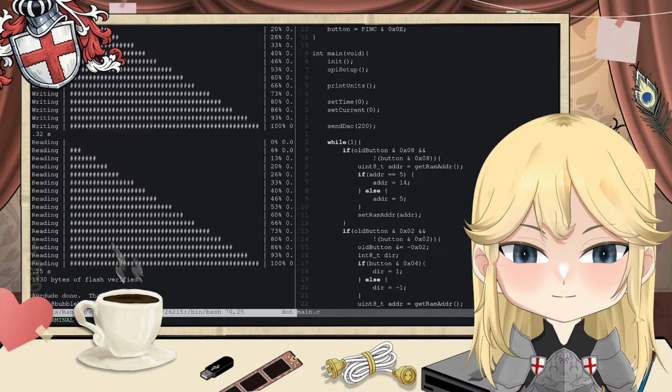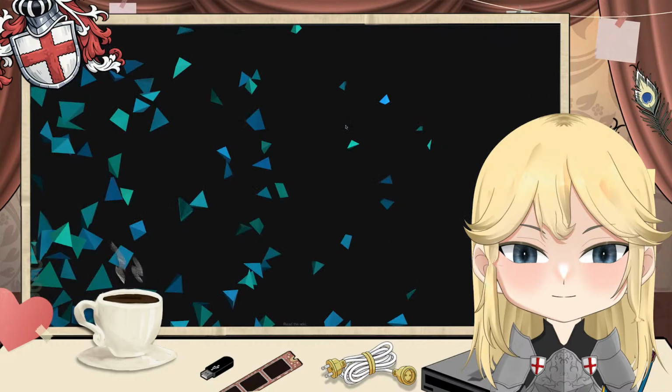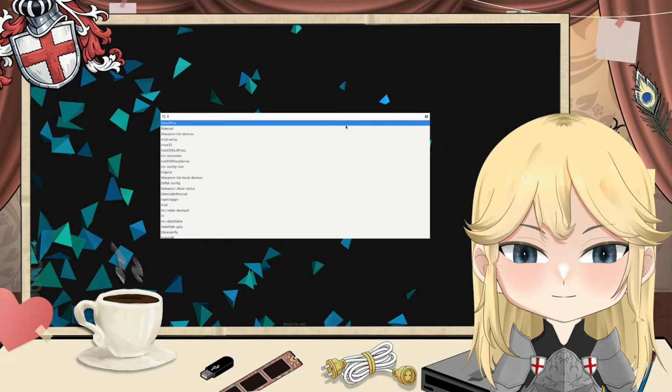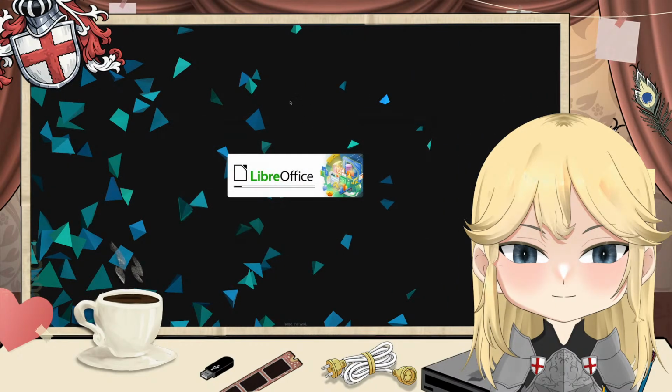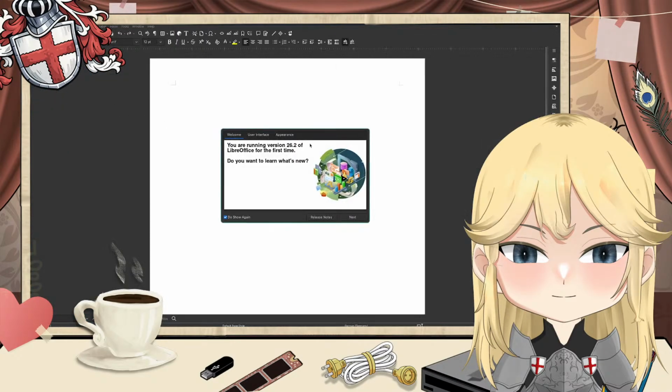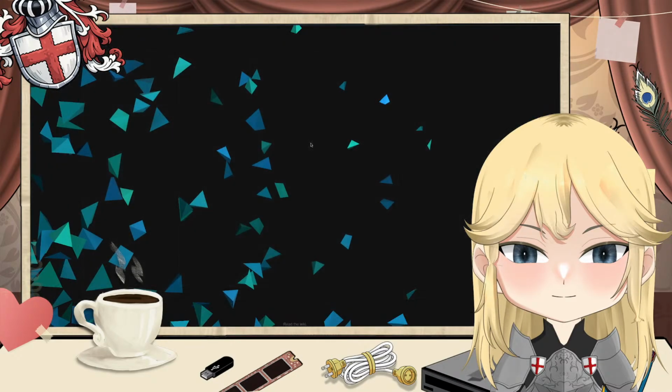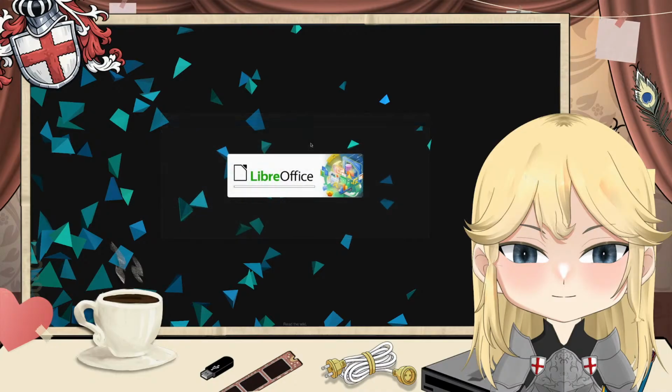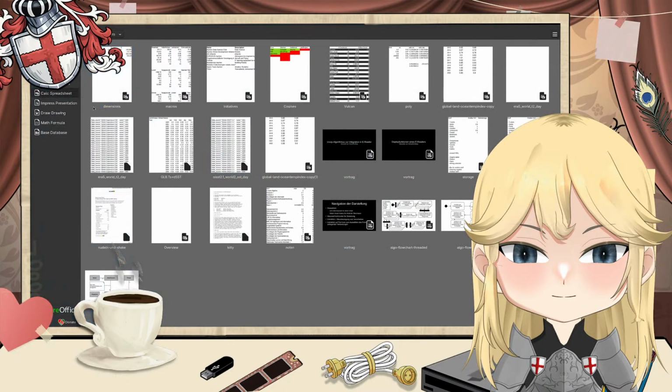So what do we do now? Do we want to output a sine curve and see if that works? Let's try that. Let's create a... that's not what I wanted. I wanted a calc spreadsheet.